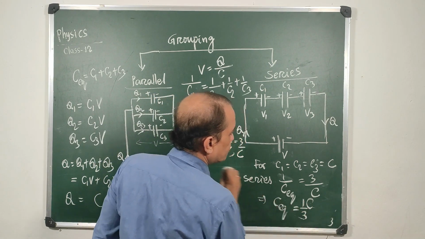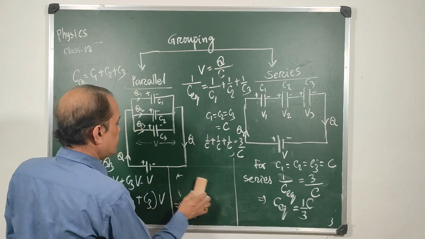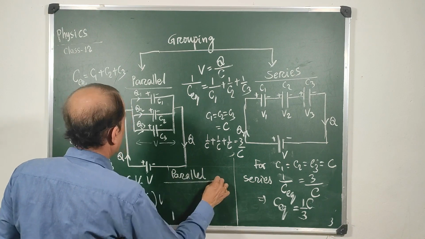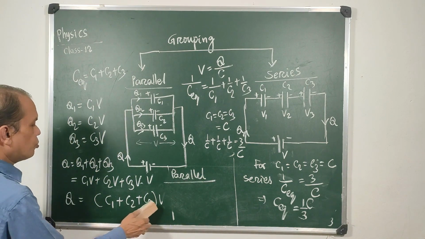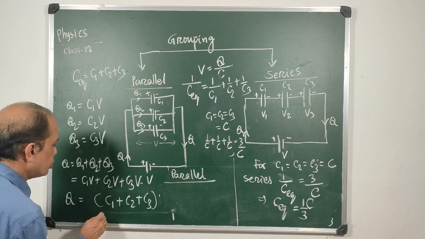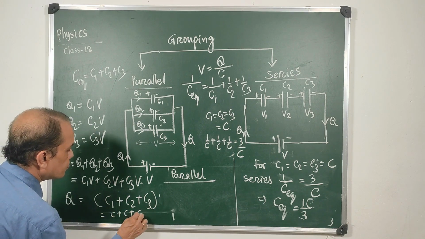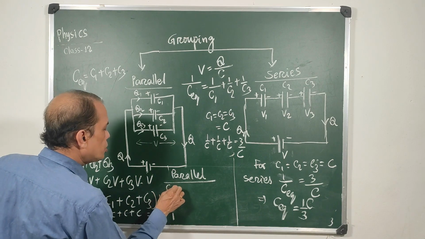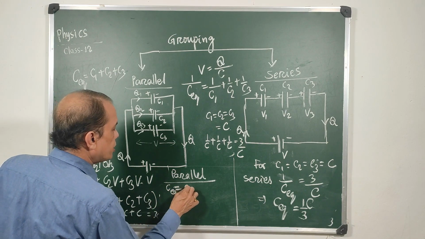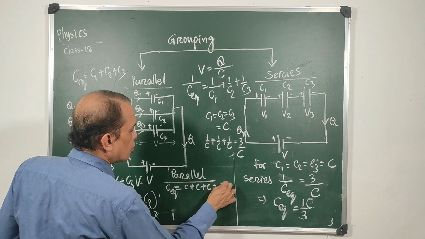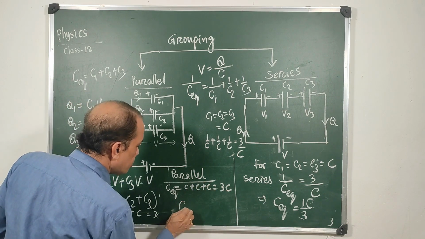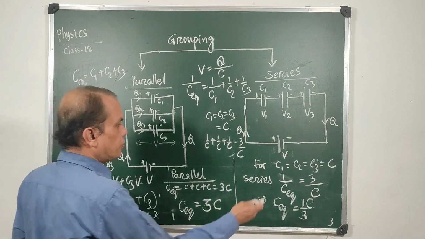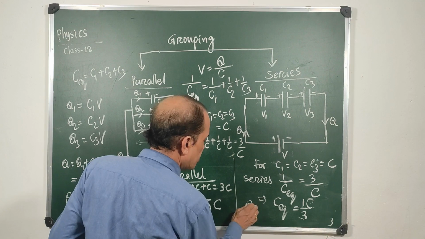But in case of parallel combination, we have C1 plus C2 plus C3, 3 C's are equal. So this will be C plus C plus C is equal to 3C. So in case of parallel, it becomes 3C, while in case of series, it becomes C by 3.